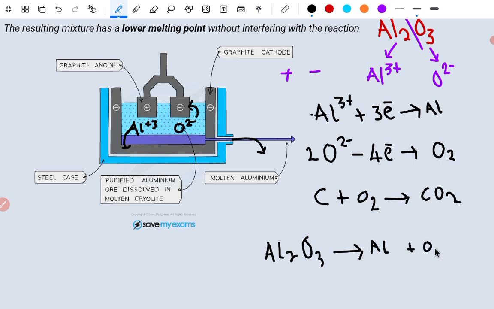Then we just want to balance the equation by putting a 2 here, then here a 4, and here 3, and I think everything is balanced. So this is the overall reaction that is taking place in this electrolytic cell. So that is how aluminium is extracted from bauxite.